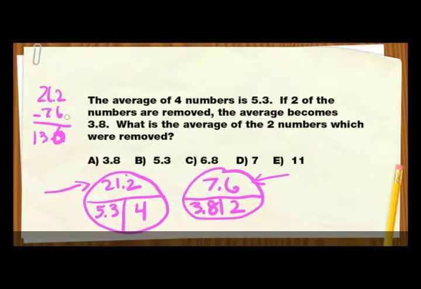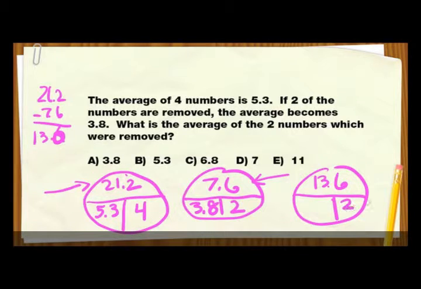So to figure out the average of those 2 numbers, we would have another tan chart where we have 13.6 and we have 2 numbers. And if we divide that, 13.6 divided by 2 would be 6.8. And that would be the average, and that is answer choice C.